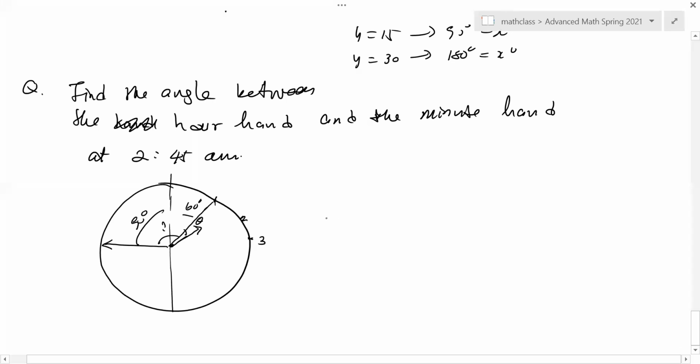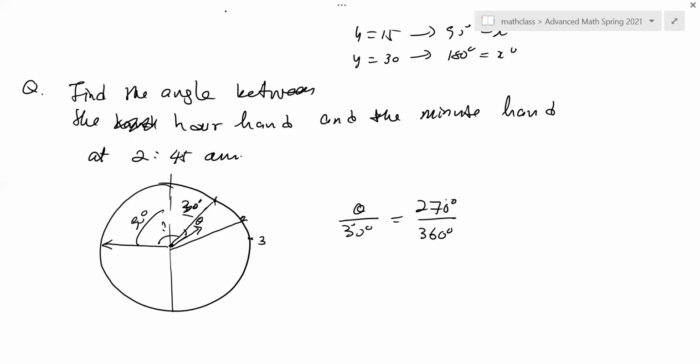So how can I get theta, right? Theta compared to, so this is 30 degrees. Sorry, yeah, 30 degrees. Theta compared to 30 degrees is going to be like the 360 degree, and this is 270 degree, right? Yeah, because the minute hand rotated from here to here is 270 degree.